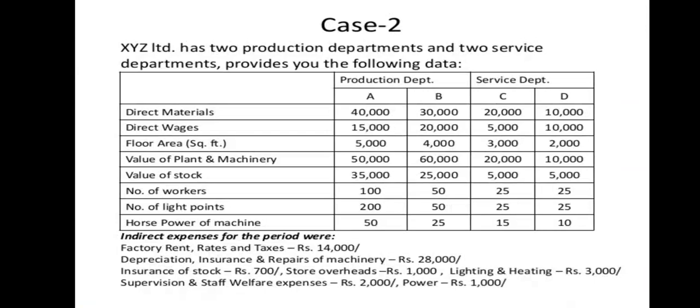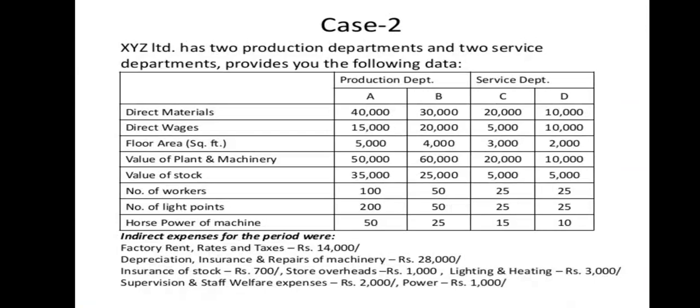20,000, 5,000 and 10,000. See students, I'm reading this information at a stretch, whether they are service departments or production departments. Please observe. Floor area in square feet, 5,000 for production department A, 4,000 for B, 3,000 for C and 2,000 for D. Next, value of plant and machinery is 50,000, 60,000, 20,000, 10,000.